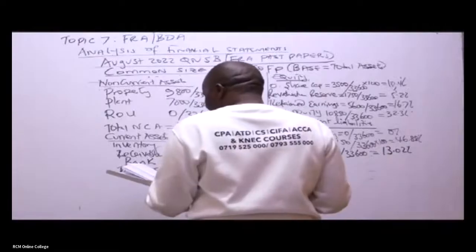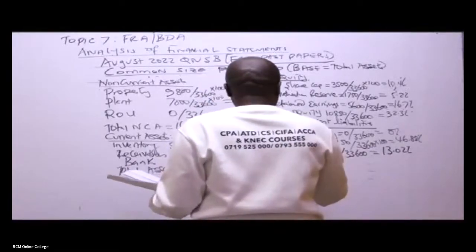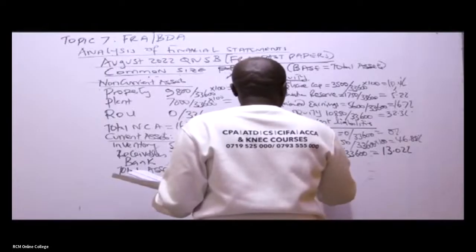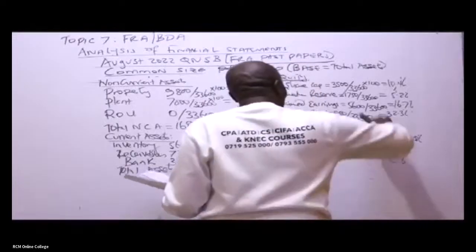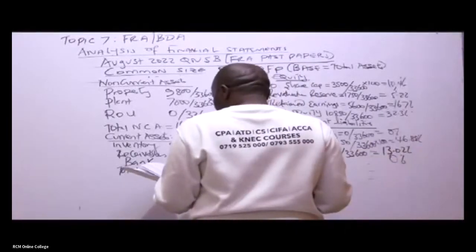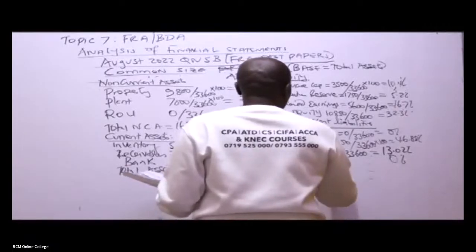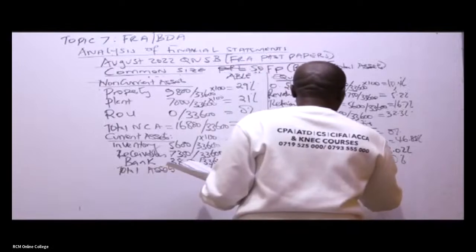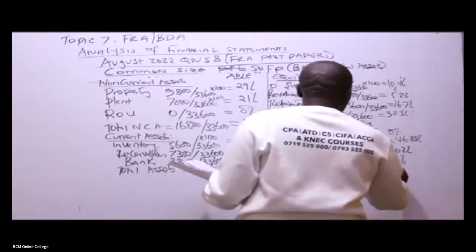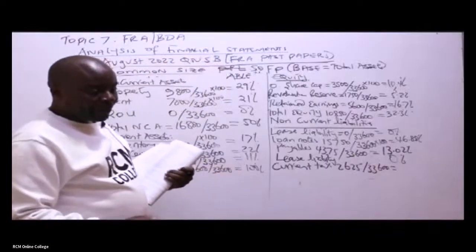Great. So after payables, I can see lease liability. Of course, I can see it is 0 there, but I have to write it because of the other company, right? So then we have current tax. Current tax, we have 2625 divided by 33,600, which will give us what figure? 7.8%.